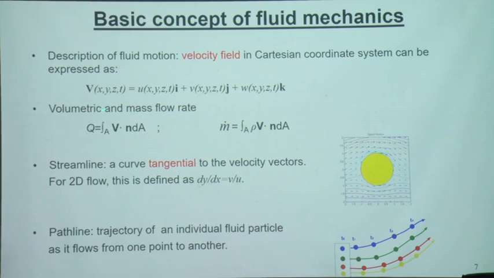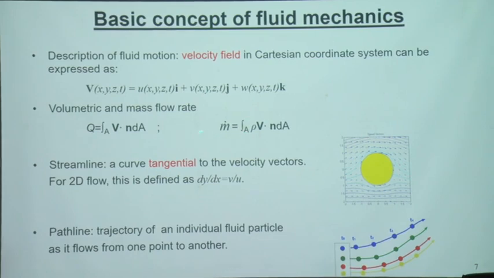We can also work out the volumetric and mass flow rate. The volumetric flow rate is just the integral of the normal velocity over the cross-sectional area, so it gives you the volumetric flow rate. If you multiply the volumetric flow rate by the fluid density, you get the mass flow rate.